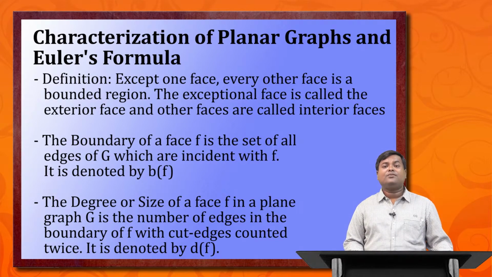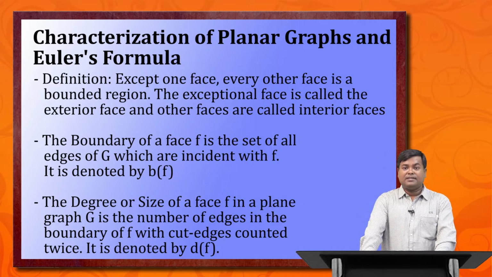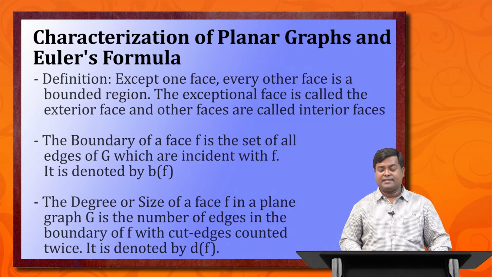There is another way to calculate degree. We need to visit the entire boundary with a boundary walk. The number of edges we visit while walking the boundary is the degree of that face. So let's look at an example.